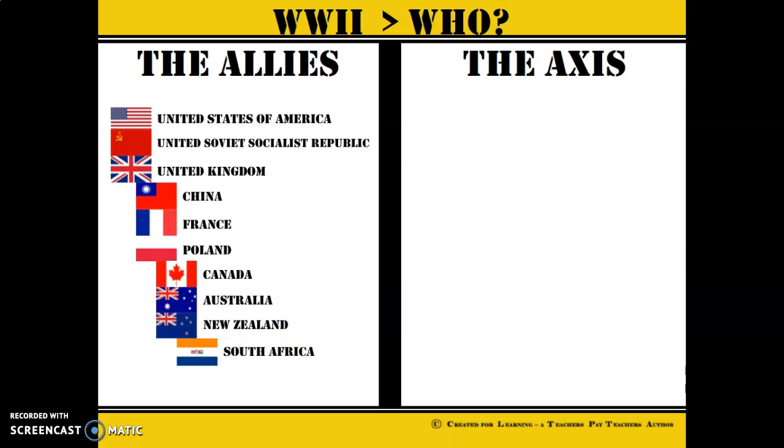The USSR, which is the United Soviet Socialist Republic, that is known today as Russia. They were involved. The United Kingdom, which includes England. And then China, France, Poland, Canada, Australia, New Zealand, South Africa, the Netherlands, all of those countries fought on the side of the Allies. Okay?